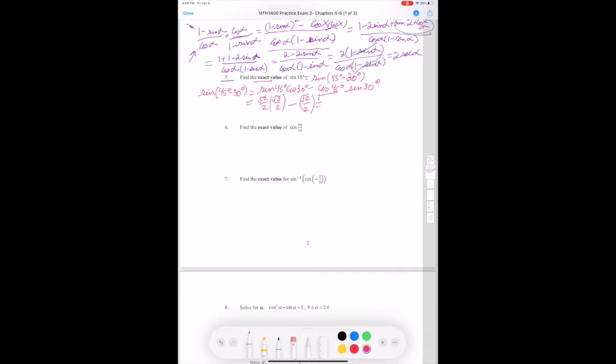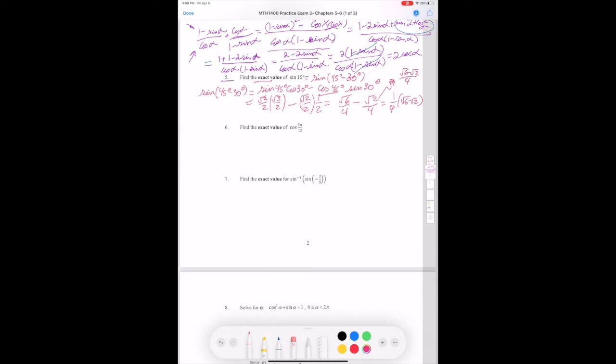So that gives me square root of 6 over 4 minus square root of 2 over 4. That equals 1/4 times square root of 6 minus square root of 2. And if you didn't factor it, but just wrote it as one fraction, I'd be super happy. That's all I want.